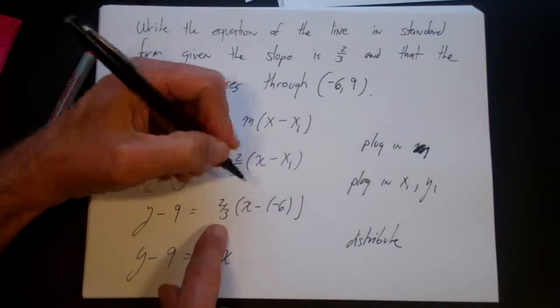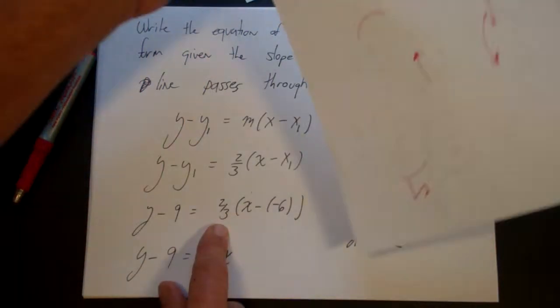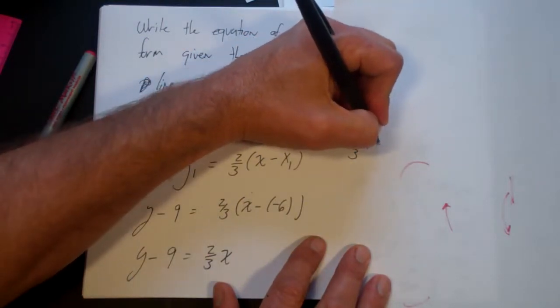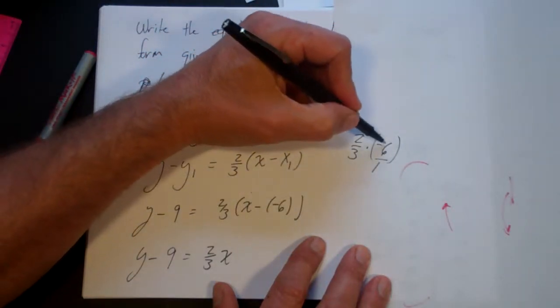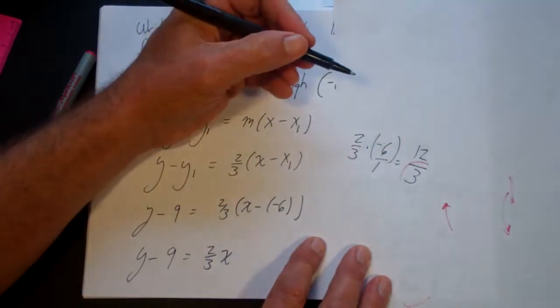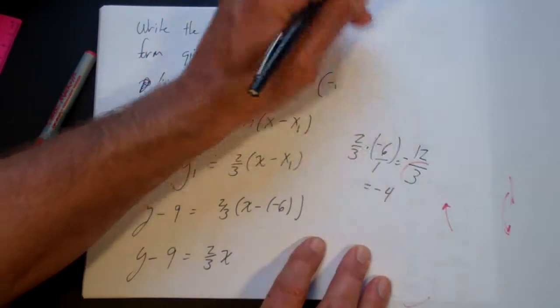Now be careful here, that's 2/3 times a negative 6. If it's 2/3 times a negative 6, that's 6 over 1. So that's 2 times 6 is 12, 3 times 1 is 3, so it's going to be a 4. And since it's a positive times a negative, it's going to be a minus 4, or negative 4.